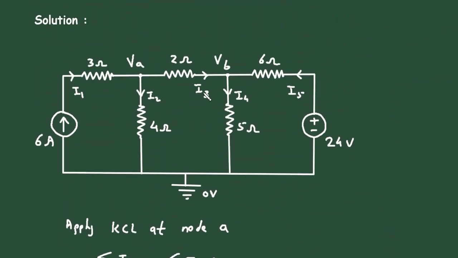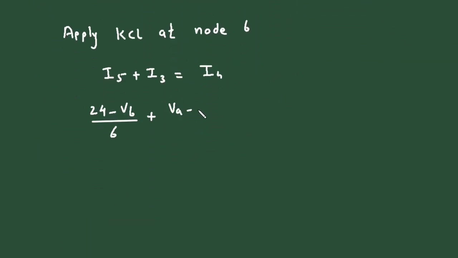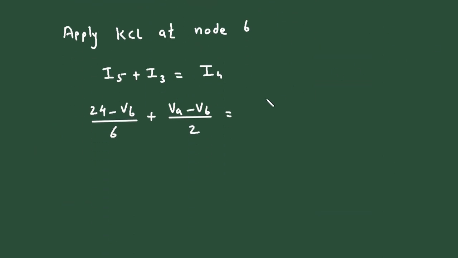Now this I3 value will be VA minus VB divided by 2, is equal to I4. Now this I4 value will be VB minus 0 divided by 5.